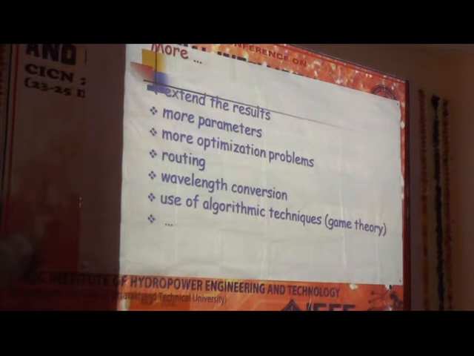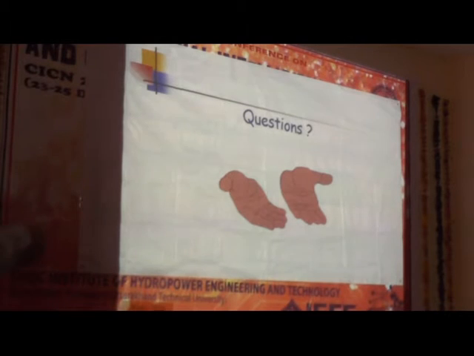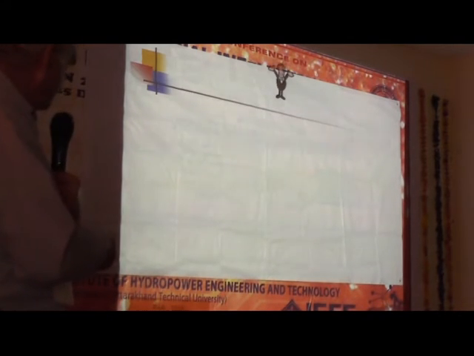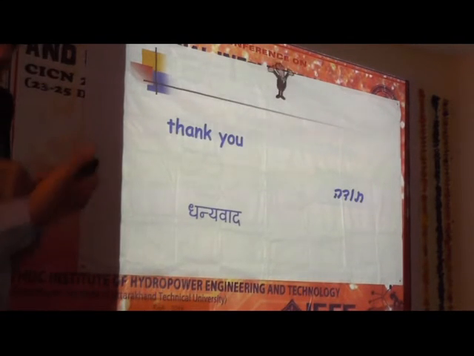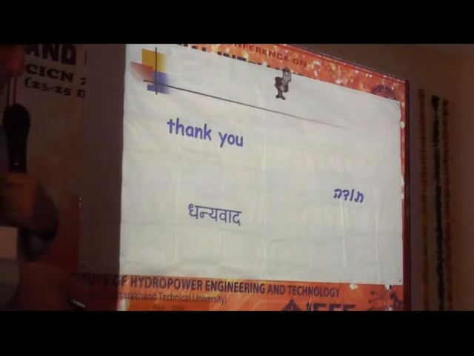It's much more complicated. Then there is a technology which allows you to change colors along the way. It brings beautiful problems, but again, I did not touch any of them today. There are also algorithmic techniques like game theory that can get into the game, and again, I skipped it. So with this, let me say thank you, and if there are questions.